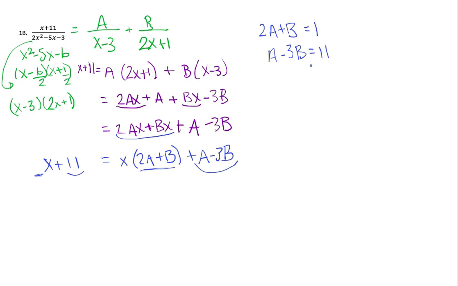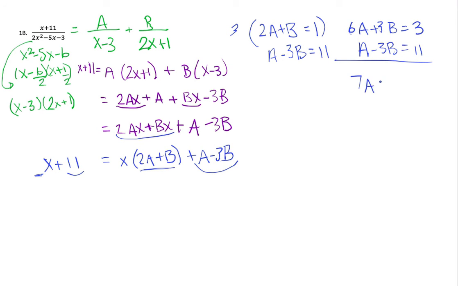All right, I think I will solve this by multiplying the top by 3. So I have 6a plus 3b equals 3. Forgot to say, multiply that all by 3. And then I have my a minus 3b equals 11. Add those together, I have 7a equals, these cancel, 14.